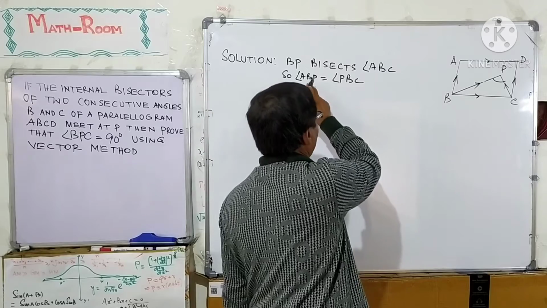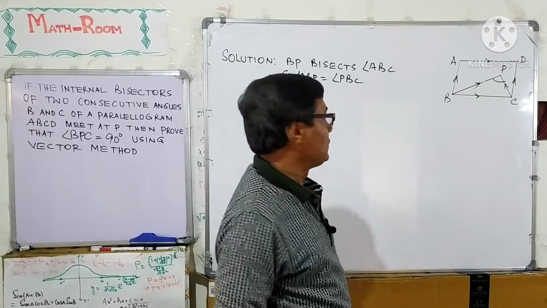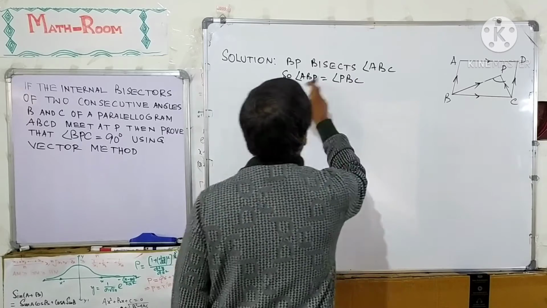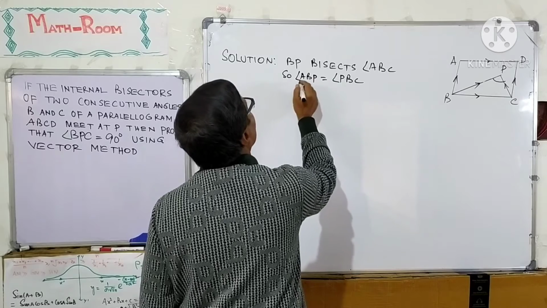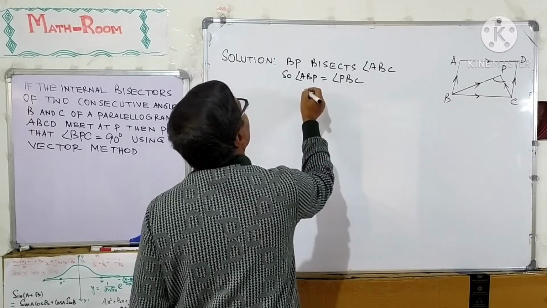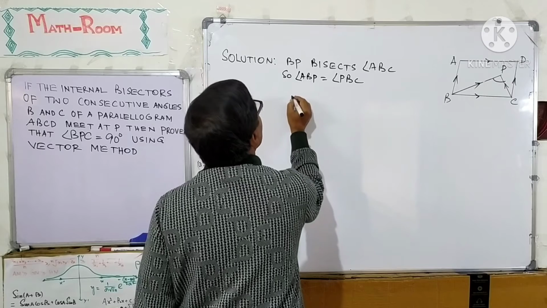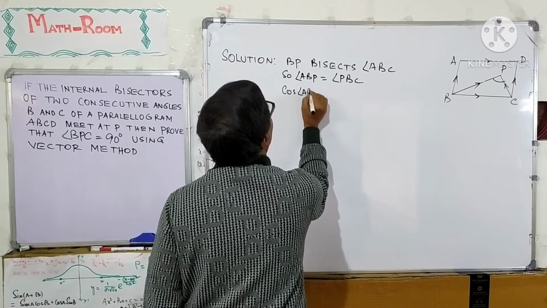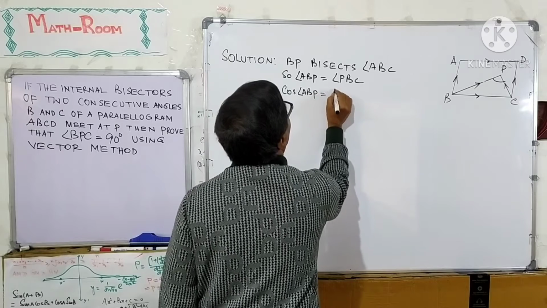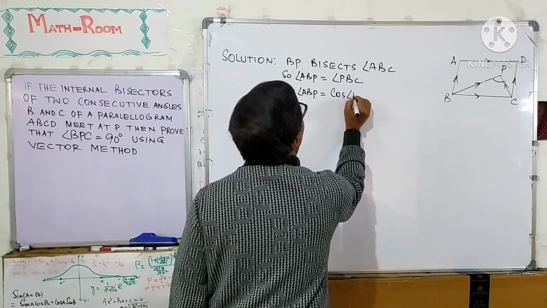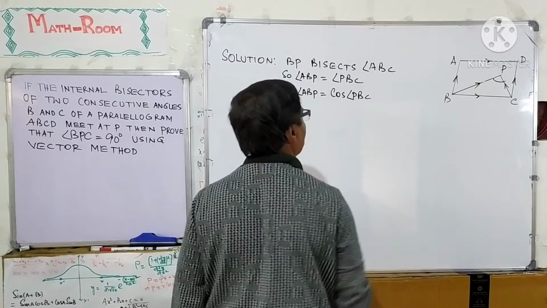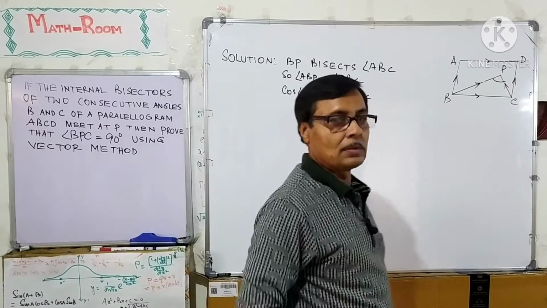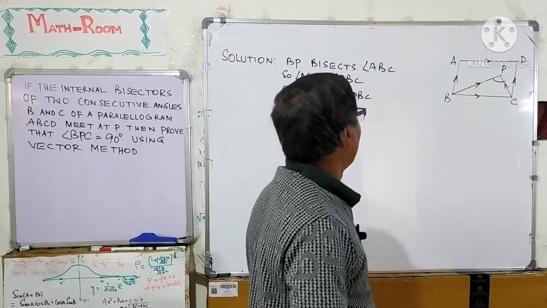We can take the cosine on both sides of these two angles, that is cos ABP equals cos PBC.